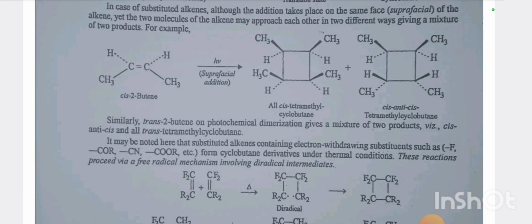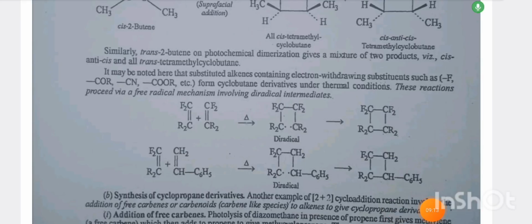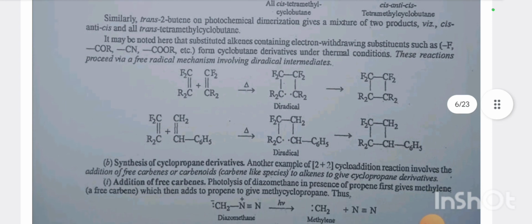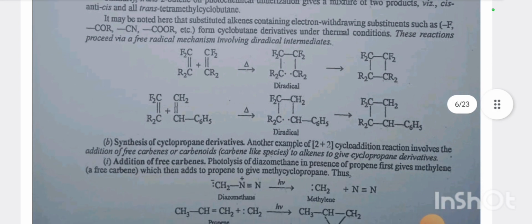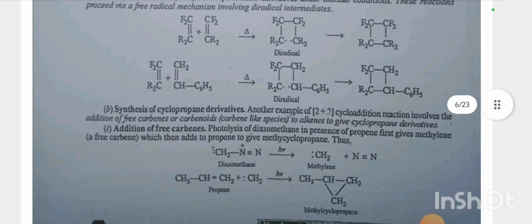It may be noted that substituted alkenes containing electron withdrawing substituents form cyclobutane derivatives under thermal conditions. These reactions proceed via a free radical mechanism involving diradical intermediates.